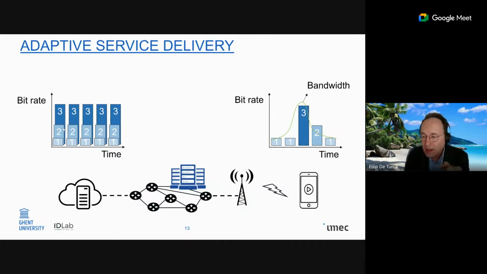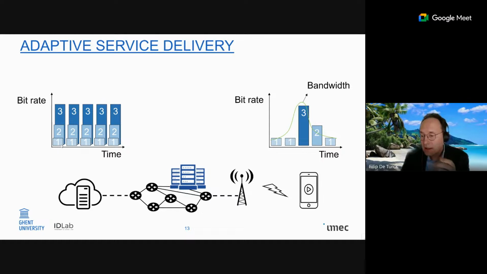If we have a video file that we want to convey over the network and show on a screen, then in the case of adaptive service delivery, we divide the file into small chunks, each chunk, for instance, of 4 to 10 seconds.